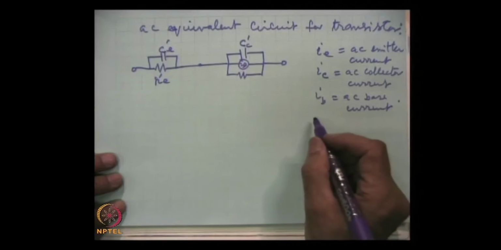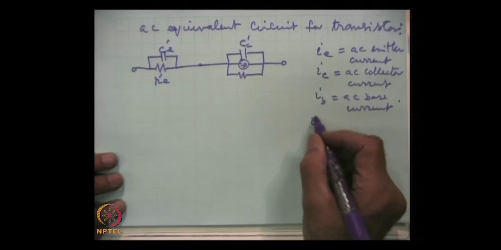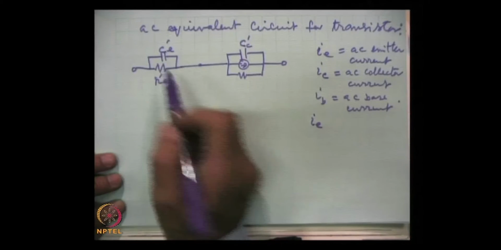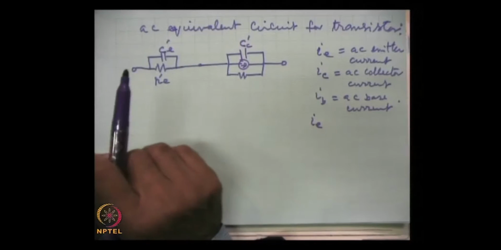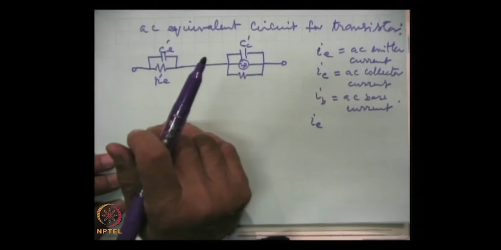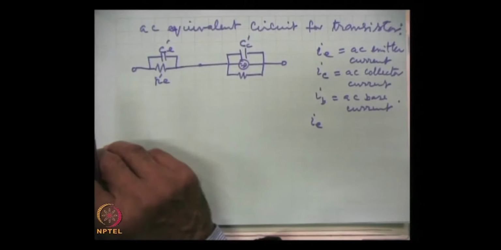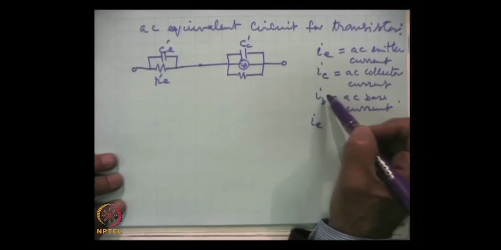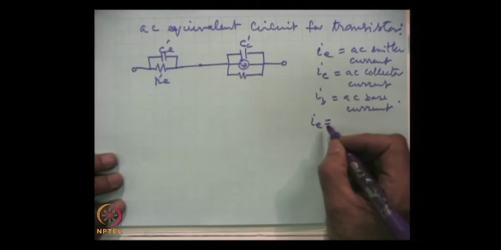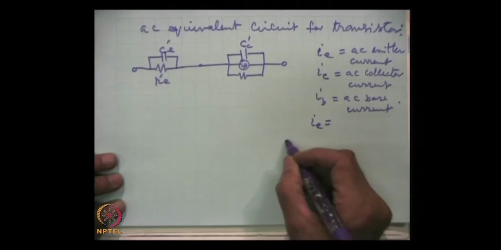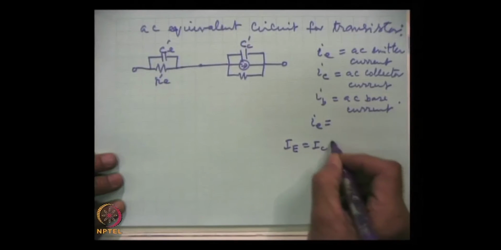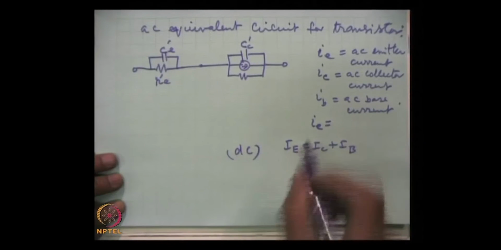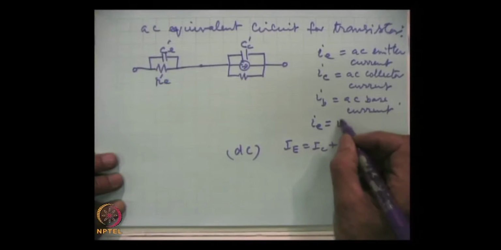And that relationship holds: as the DC emitter current was divided into two parts, one goes to the recombination in the base region, which gives rise to base current, and the other gives the collector current. That continues. Similarly, this AC emitter current will be split in two, and this relation still holds, as we have written for the DC case, I E equals I C plus I B. This is for direct current, and for the AC case we can write a similar relation.